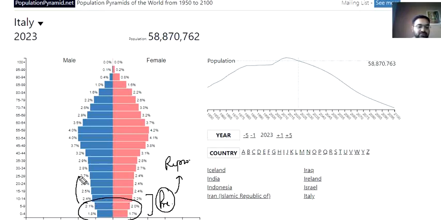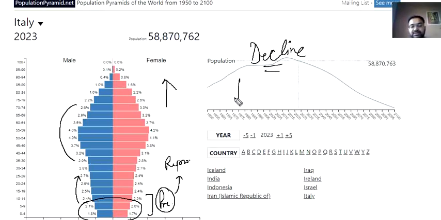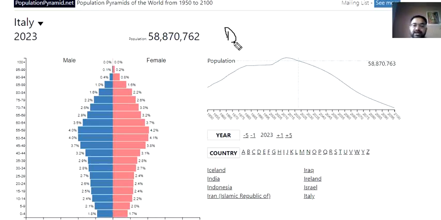So they are going to reach here, and have a look at those which are reproductive and just approaching the post-reproductive phase, their number is going to increase, right? So obviously this type of population in the coming years will decline because the birth rate is low and the death rate here will be higher. So this type of pyramid is called the third type, the declining type of age pyramid.